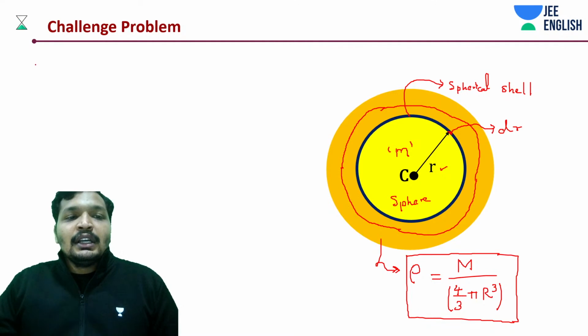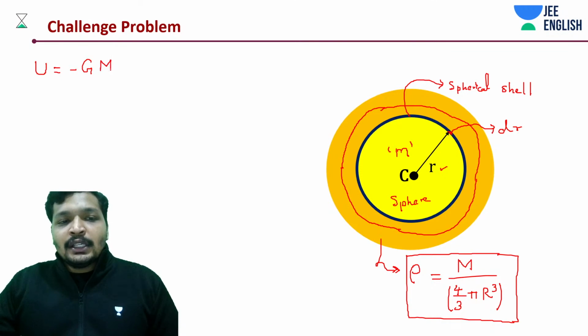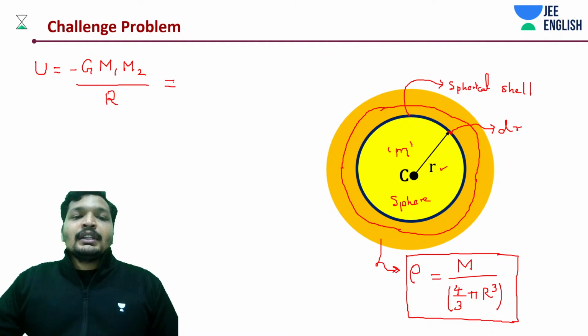Potential energy was something like minus G mass of one body into that of mass of another body. It's a spherical shell. In this case, it's like distance r. Or else you can think about it this way.